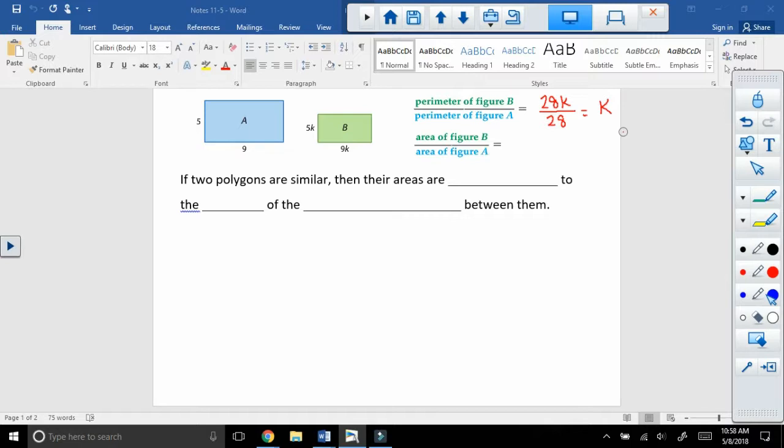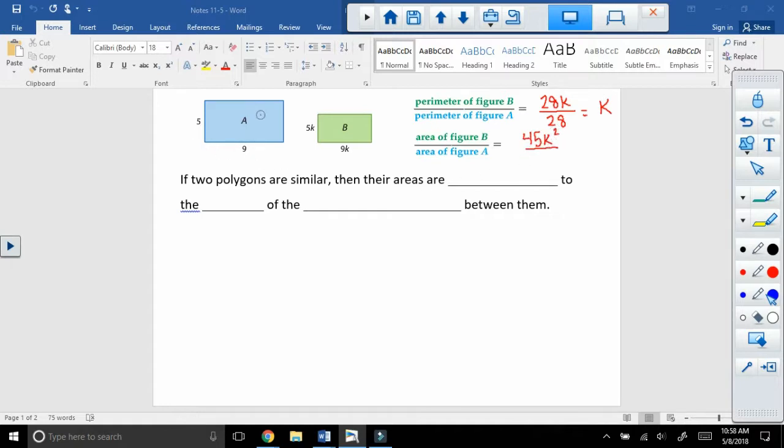So then this ratio is whatever K is. Okay, whatever that scale factor is. It might be half the size, it might be 3/4 the size, it might be 10 times the size. That ratio is the same as that multiplier here. But when I find the area of figure B, so if I multiply 5K times 9K, what is that? 45K squared.